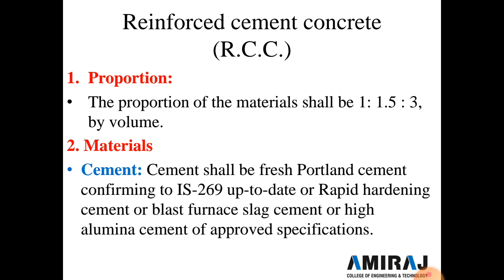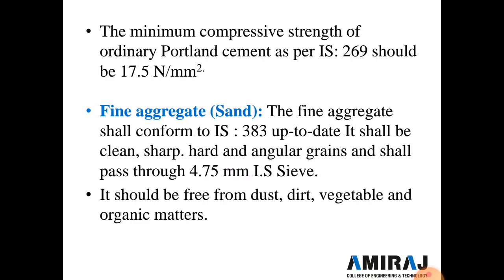Cement shall be fresh Portland cement conforming to the up-to-date IS 269, or rapid hardening cement, or blast furnace slag cement, or high alumina cement of approved specification. The minimum compressive strength of ordinary Portland cement as per IS 269 is 17.5 Newton per mm square.